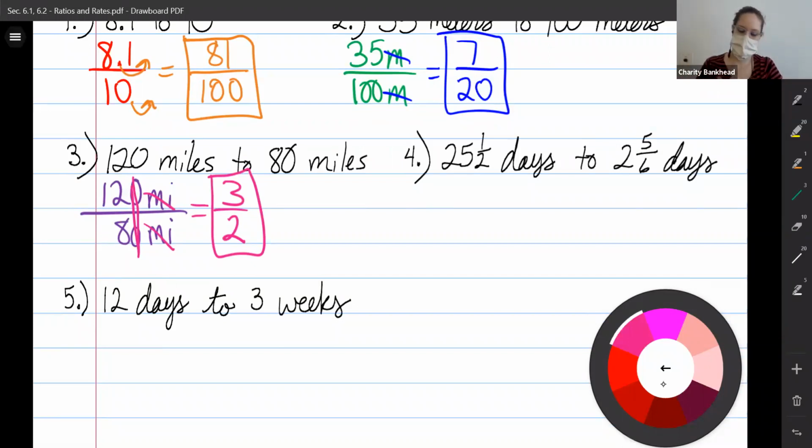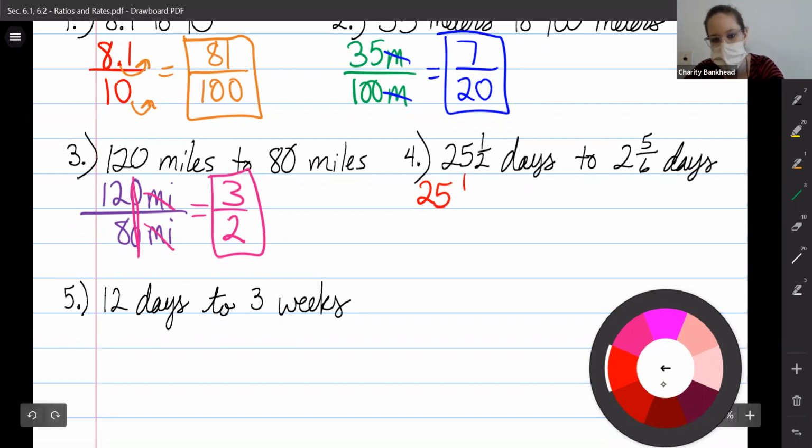And then number 4, so I have 25 and a half. I know days and days are just going to cancel out, so I'll just leave that off. 25 and a half over 2 5/6.